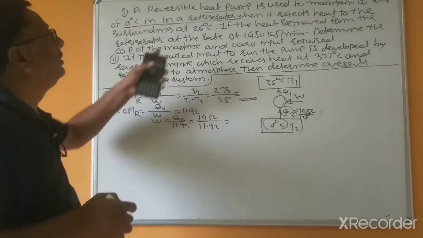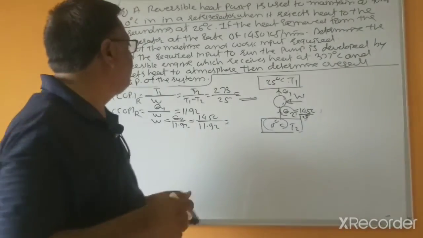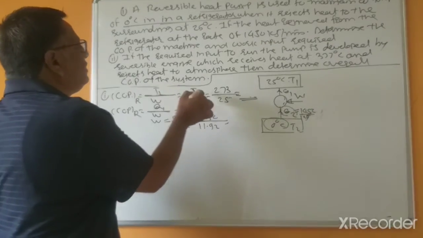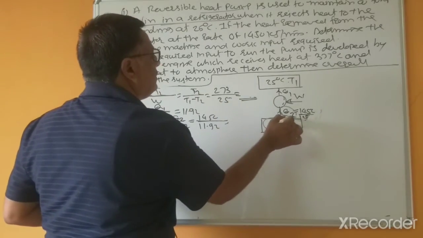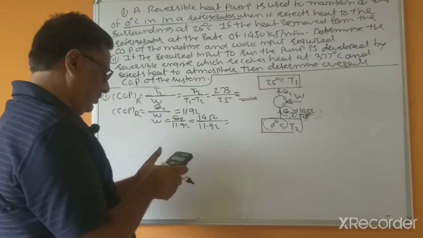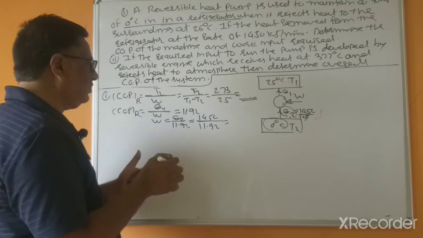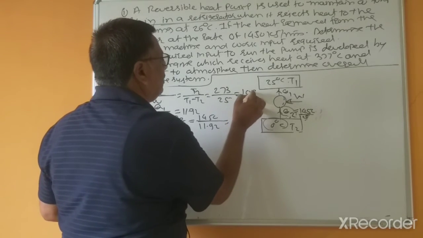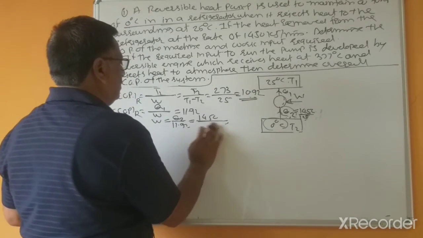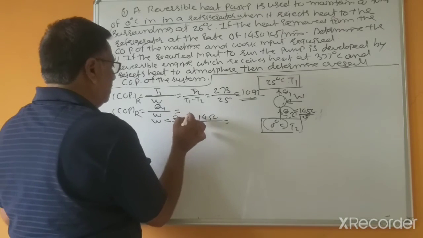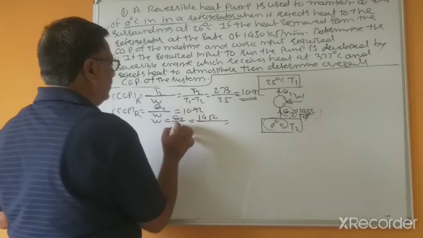Because heat pump is different and refrigerator is different, and this is maintained at, so that's why we have to consider, this is output, this is desired, 273 divided by 25, this is 10.92. So we have to change this to 10.92.